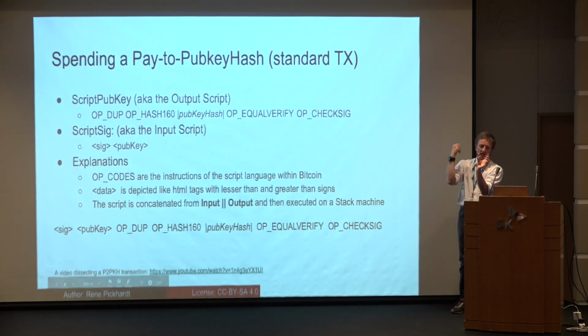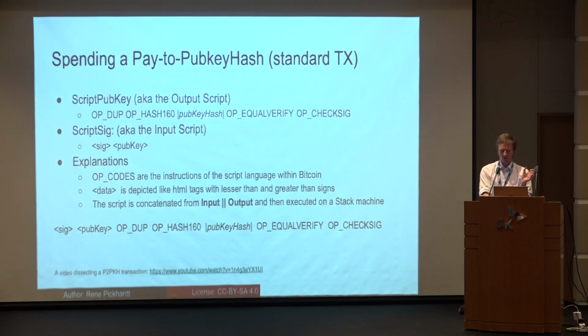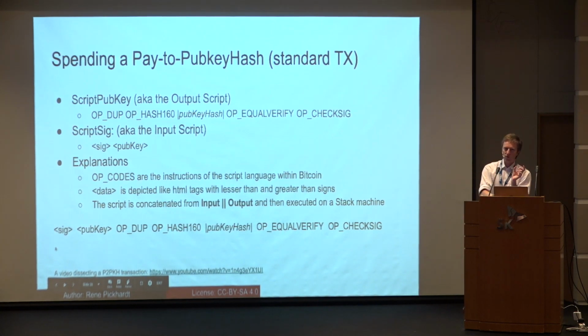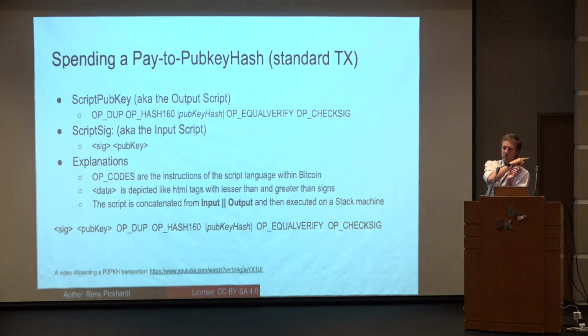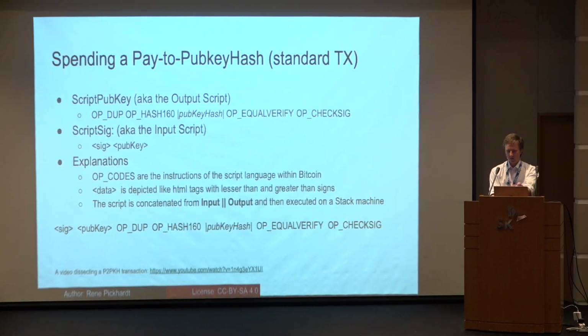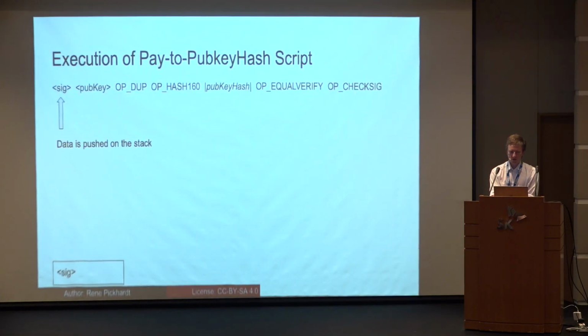If they match, they are taken out. And then what is left is the signature and the public key which we put in. And then OP_CHECKSIG happens, which checks if the signature is correct on the transaction. And if this script evaluates to true, then whoever is claiming the funds can spend them. So this 3.33 Bitcoin can be spent using this.